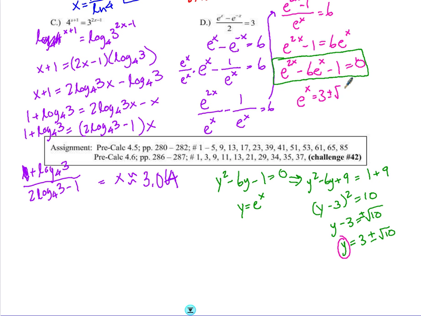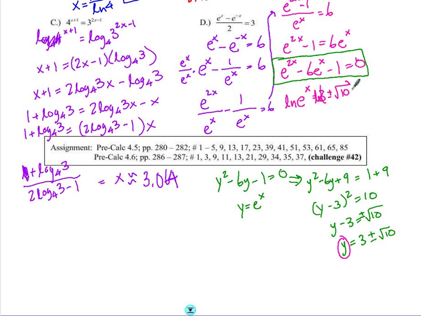So at this point, let's go ahead and natural log both sides so that I can get rid of my e. And x is really equal to the natural log of 3 plus or minus the square root of 10. Always checking to make sure that my solutions fit my set.